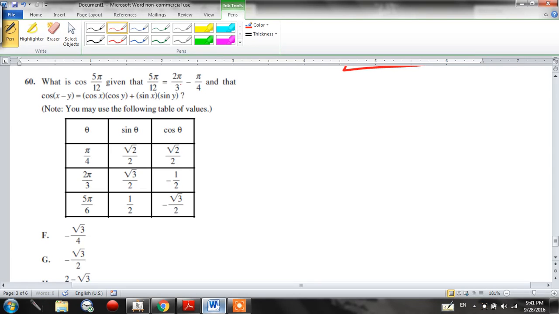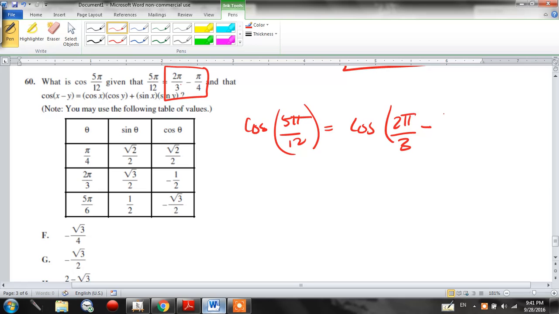This is the cosine of a difference. So we want to find the cosine of 5 pi over 12, which is the same as, now 5 pi over 12 is this, they're telling us, cosine of 2 pi over 3 minus pi over 4. They're doing you a favor here. They're telling you that this is the same thing as this. Now you're supposed to find the cosine of this difference, if you remember from Algebra 2. The formula they give you is this.